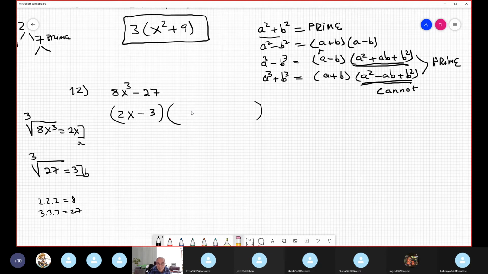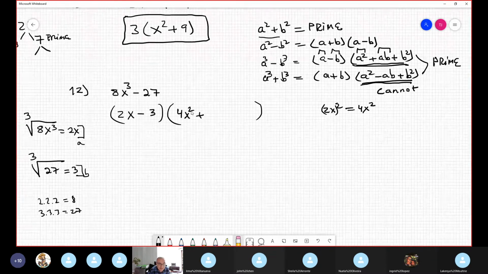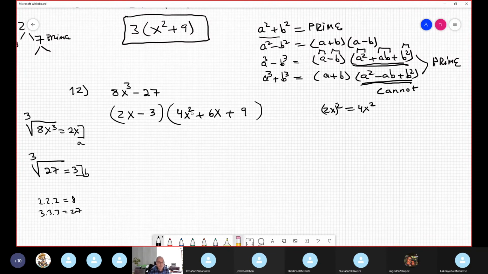Now a squared, this expression squared, so 2x squared is 4x squared, plus a and b multiplied together, this and this is 6x, plus the last one, b squared, is 3 squared, 9, and it's the final answer.